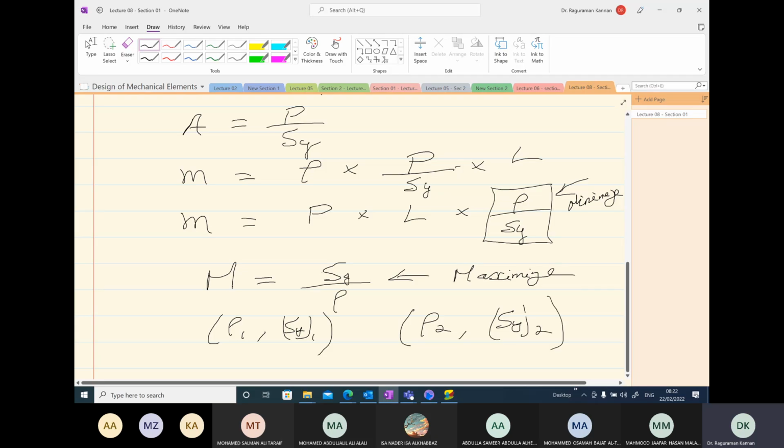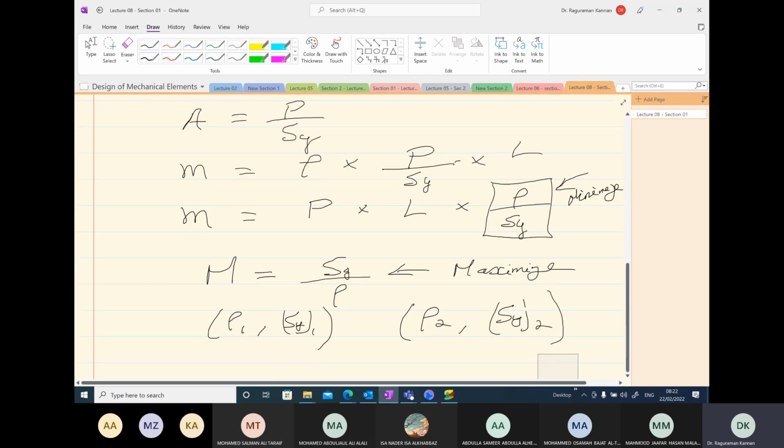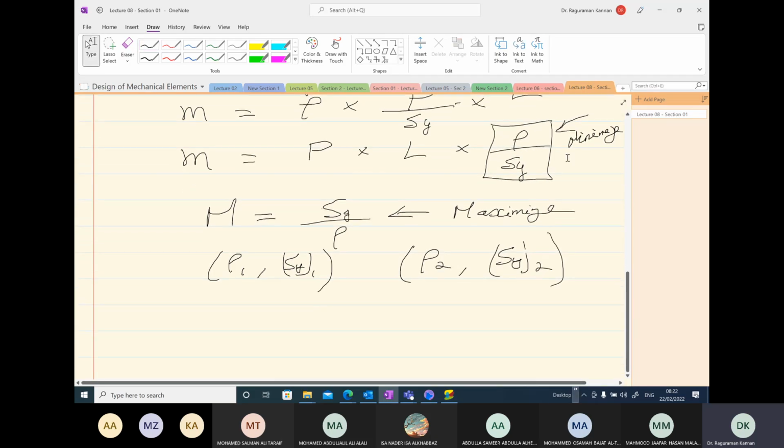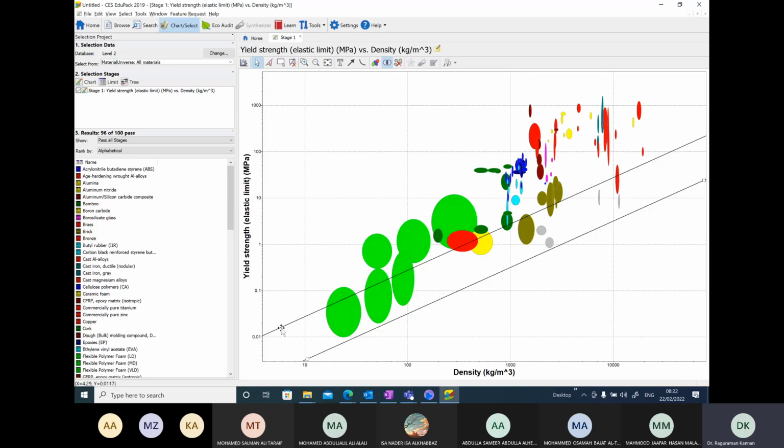It's easy to find the slope. The slope will simply be sy2 minus sy1 over rho 2 minus rho 1. That's it. Just find the slope in this way and you can get the values of the slope for this and this one.